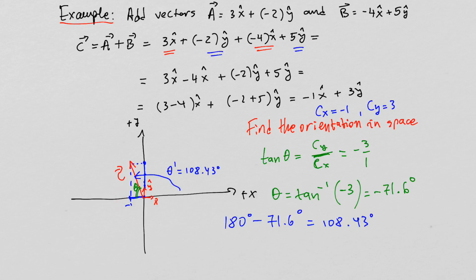Is it from the positive x-axis? So when you do the calculation properly, you're going to end up with the correct answer for the orientation, which again, by convention, should always be from the positive x-axis in counterclockwise direction.